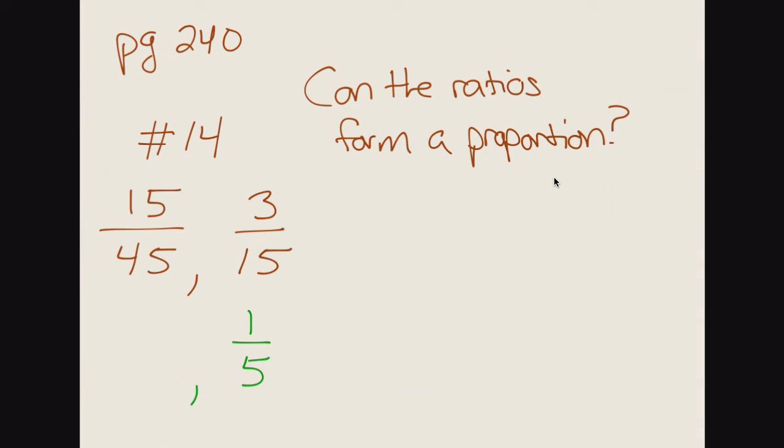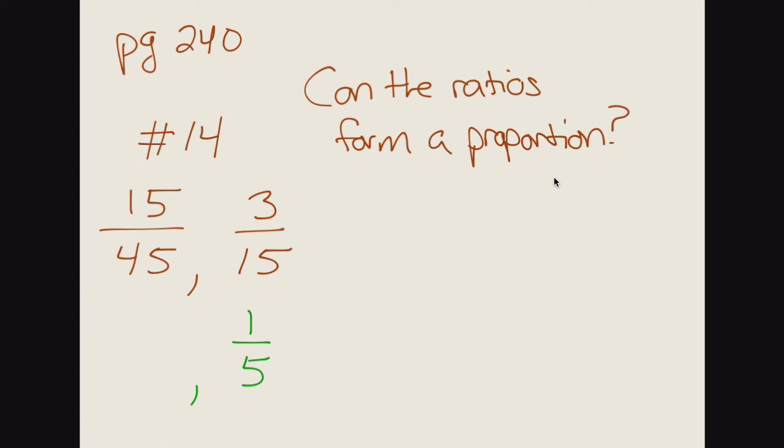Now, what about 15 over 45? That one simplifies down to, what is it? Hold on. I think she's getting close to this. Millie, 15 plus 15 is 30, plus 15 is 45. So how many times does 15 go into 45? 3. Yeah, great job.